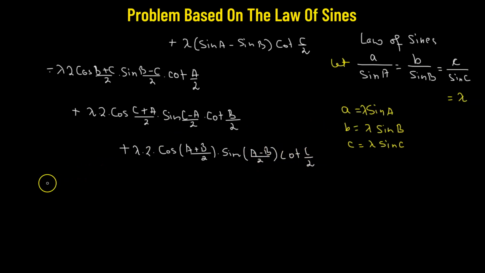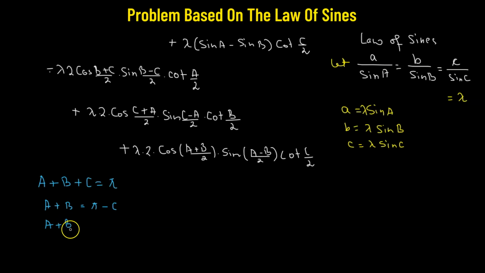Now, we know that in triangle ABC, the sum of the interior angles, A plus B plus C, equates to pi radians. Meaning, if we have A plus B, that will be equal to pi minus C. So we will divide both sides by 2.